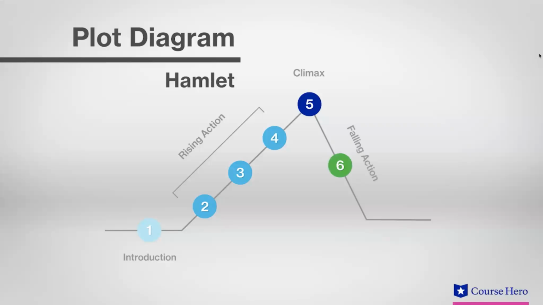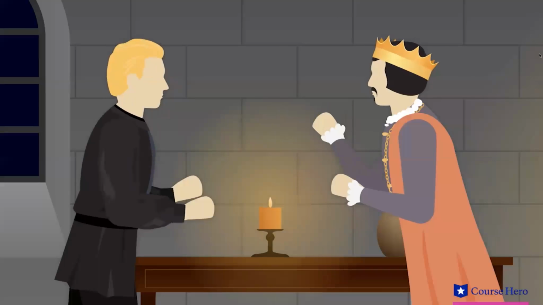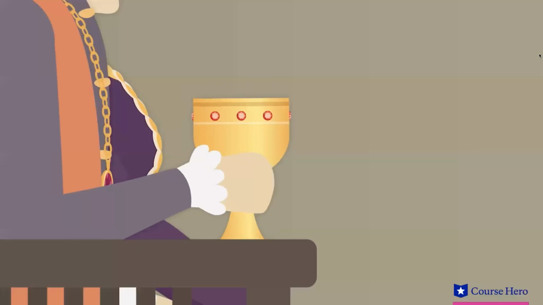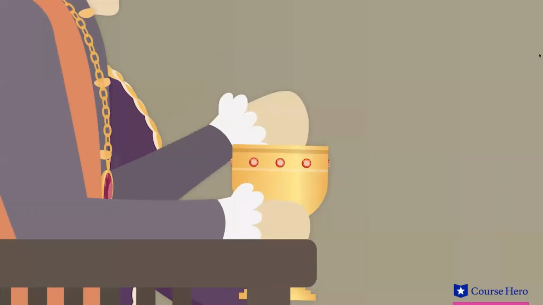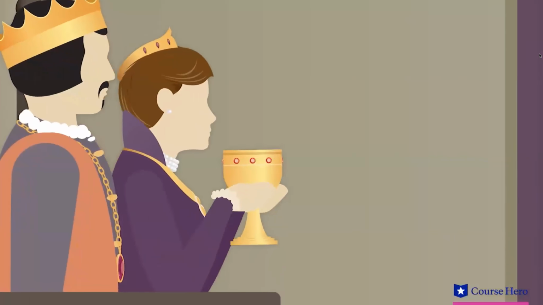During the falling action, Claudius and Laertes decide to plot Hamlet's murder at a fencing match, poisoning the sword and the wine. At the fencing match, Claudius pours poison into Hamlet's cup, but Hamlet does not drink from it. During the match, Hamlet strikes Laertes twice, and Gertrude drinks to Hamlet's health, unknowingly drinking the poisoned wine.